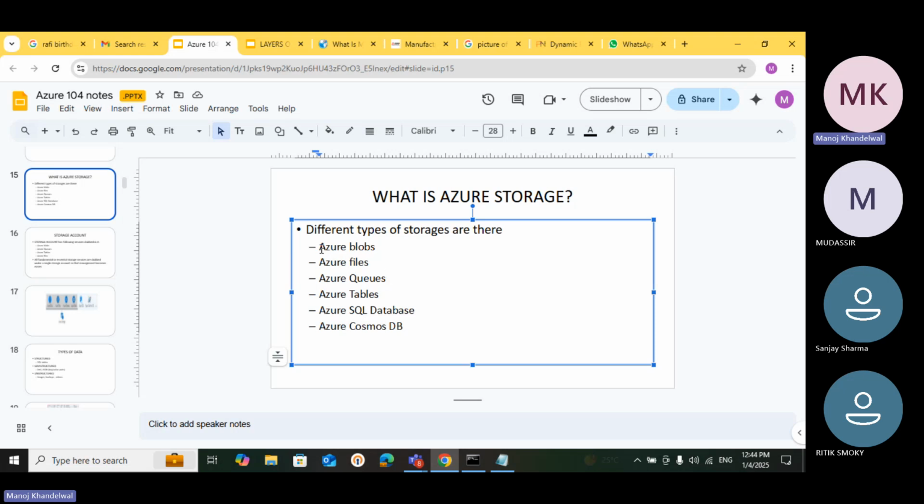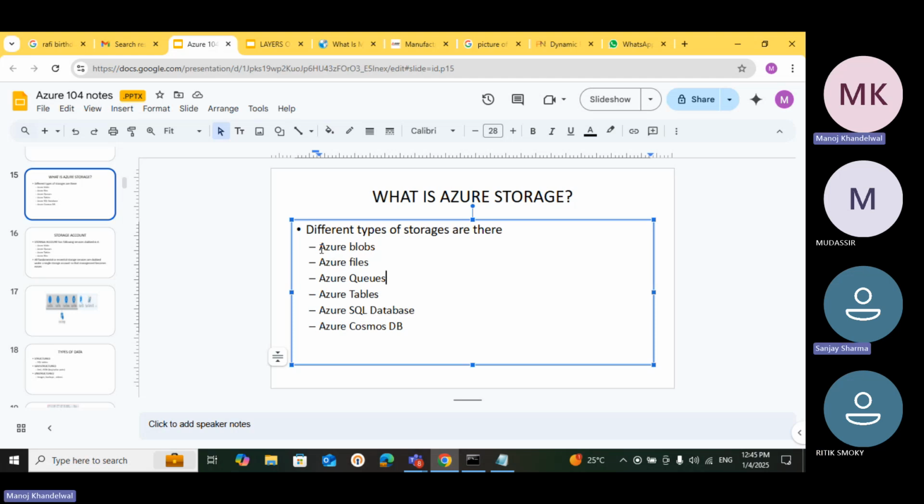That is one property. Property could be what is the type of replication. Property could be whether it's a hot tier or cold tier. This is a property, the information contained in it.